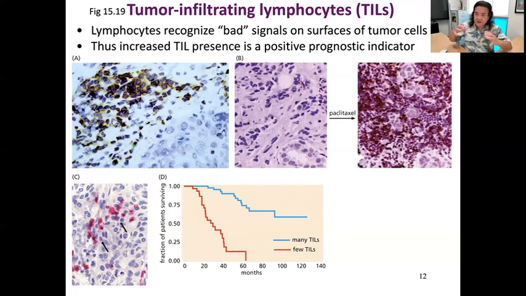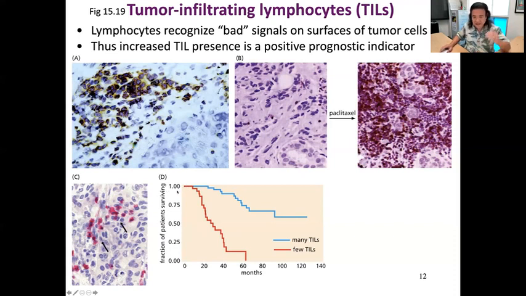So therefore, at the time when a patient has a biopsy, right, if they look under there and actually see high levels of these TILs present in the tumor, that's actually a positive prognostic indicator, because it means the person's immune system is still fighting the tumor cells. So here you can see a Kaplan-Meier plot looking at two cohorts of patients.